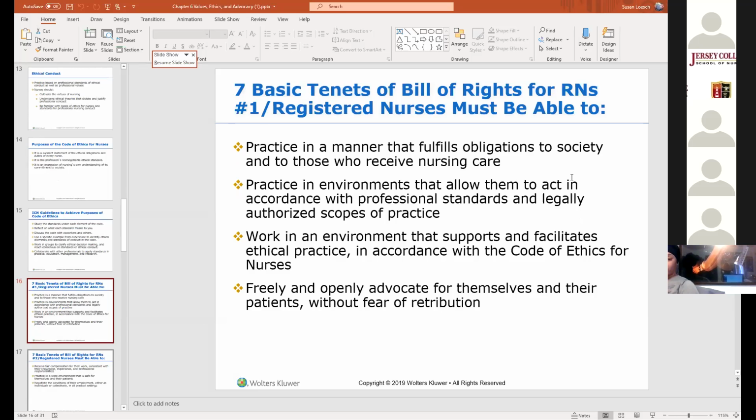Work in an environment that supports and facilitates ethical practice in accordance with the Code of Ethics. Again, you can find the link to that Code of Ethics in the International Council of Nurses on page 105. There's a link in your book. Work in an environment that supports and facilitates ethical practice in accordance with the Code of Ethics, and then freely and openly advocate for yourself and for your patients without fear of retribution.